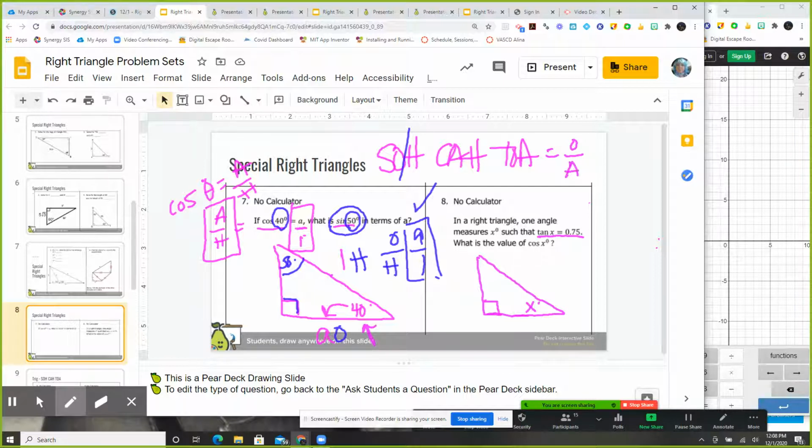Is it 1/4? 3/4. Love it. So my tangent ratio is O over A. So if I'm standing on my X, my opposite side is 3, and my adjacent side is 4.